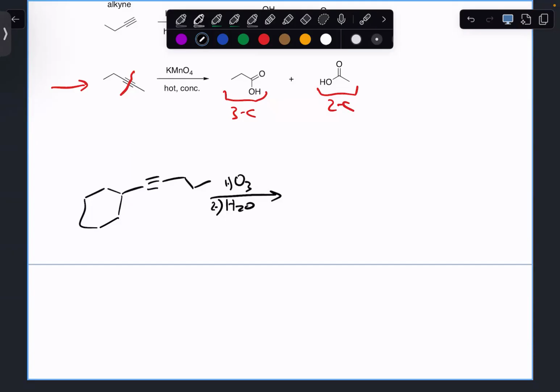Well, here again, all we're going to do is split the molecule in two at the triple bond.